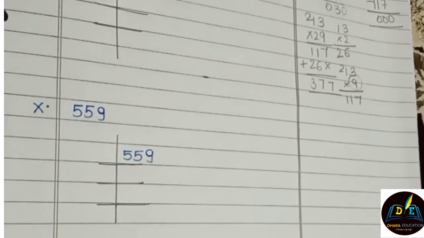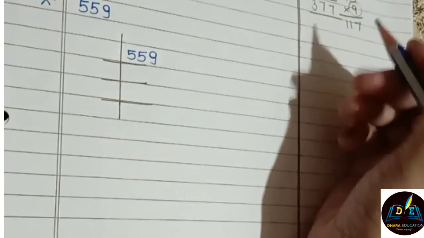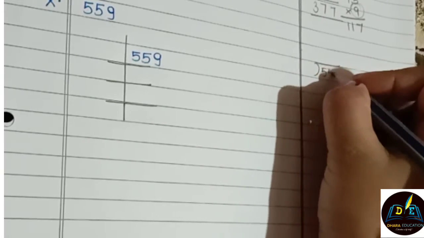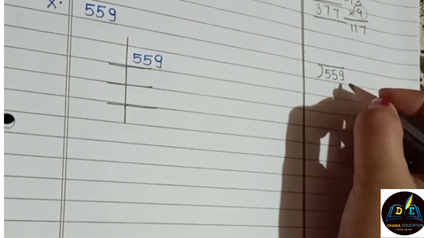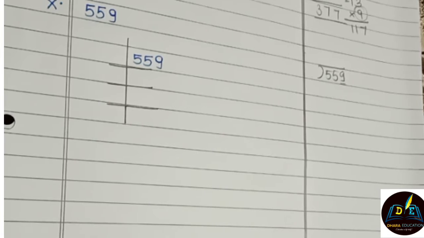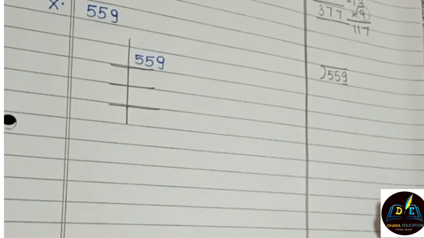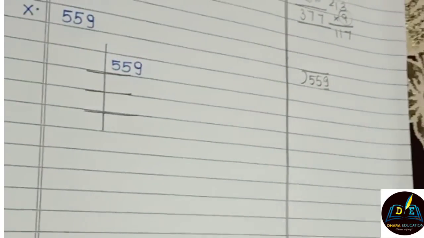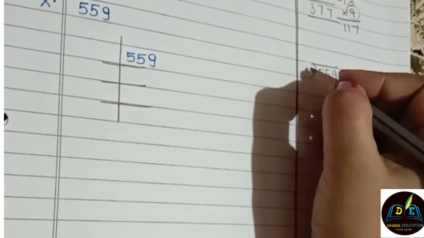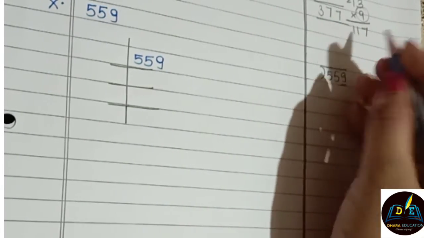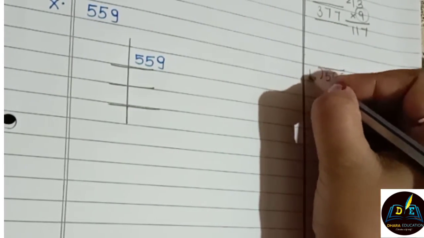In this particular sum, what we need to do is divide this 559. As the last digit is 9, it is an odd number. So in this odd number, we just need to try with the double digit as we have tried in the previous sum. So we will take 13.